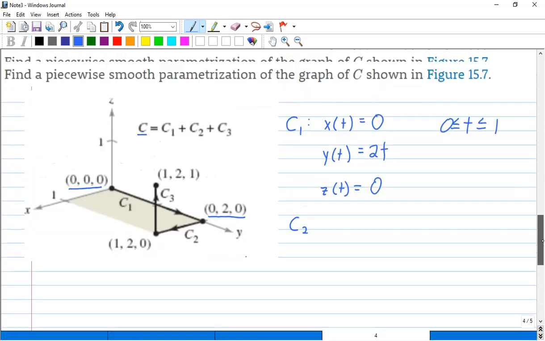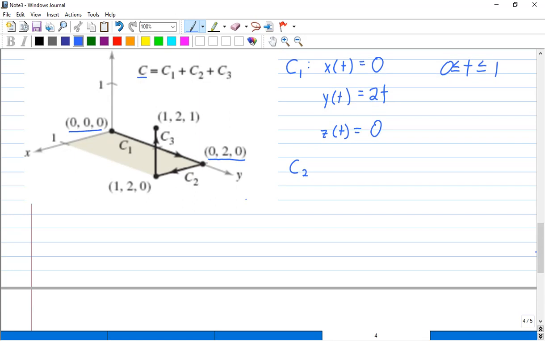All right, we want to figure out the parametric equations that would get us from where we start C sub 2 to where we end C sub 2. That's this segment here. So for that segment, we're going to let t be greater than or equal to 1, less than or equal to 2. All right, so we're going to figure out an equation for x of t, y of t, and z of t.